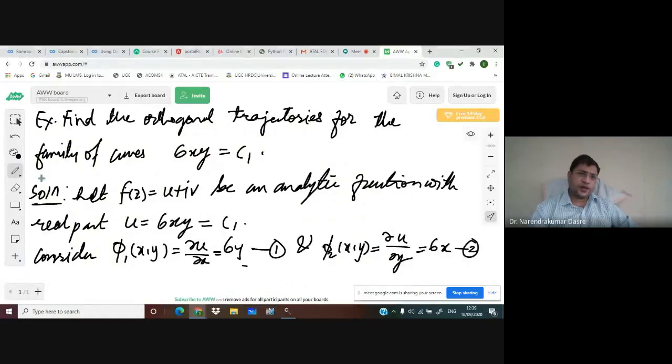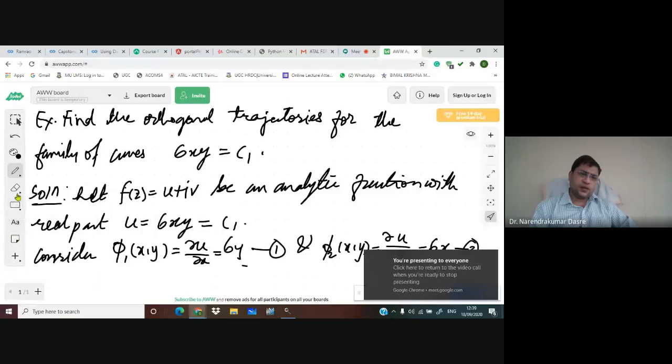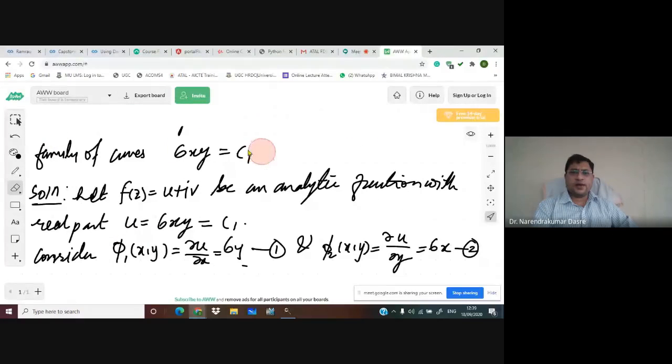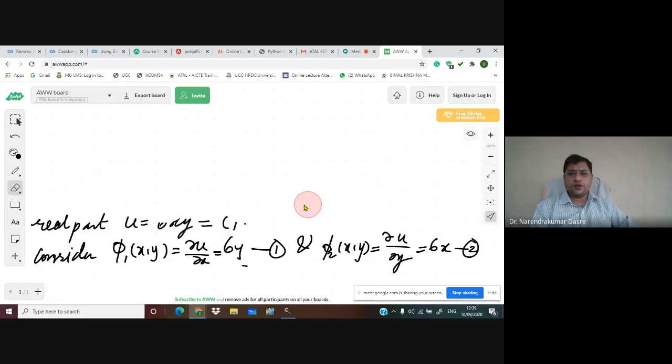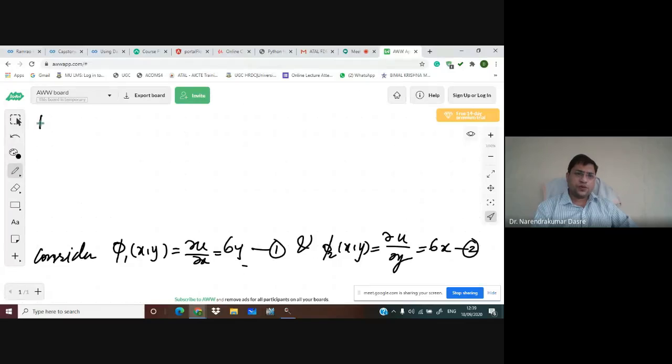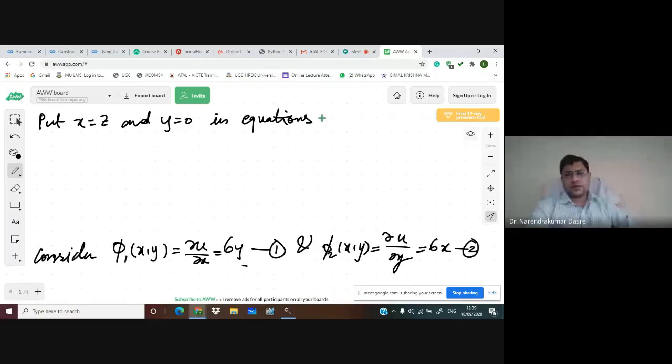Yes. Okay. So then what we'll do is we'll put x is equal to z and y is equal to 0 in equations 1 and 2.